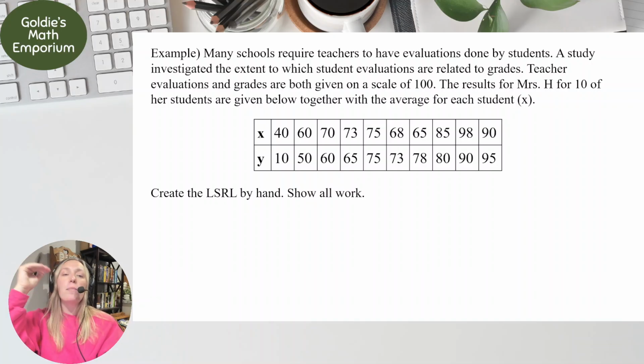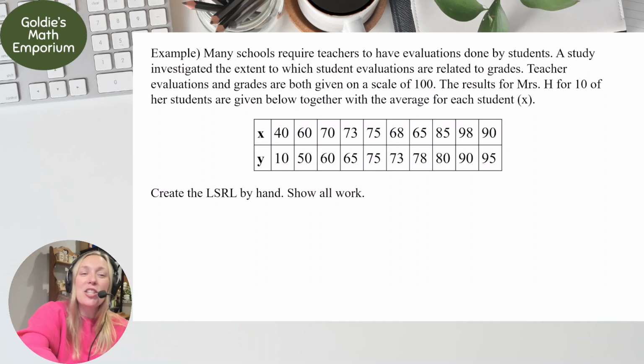So in this example, I have a teacher's evaluation score and the score a student got in class. So the x variable represents the student grade, and the y variable represents the teacher evaluation done by that student. Sorry.